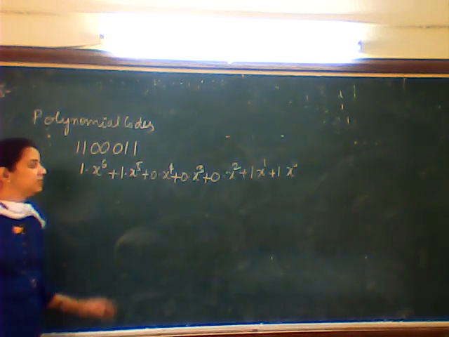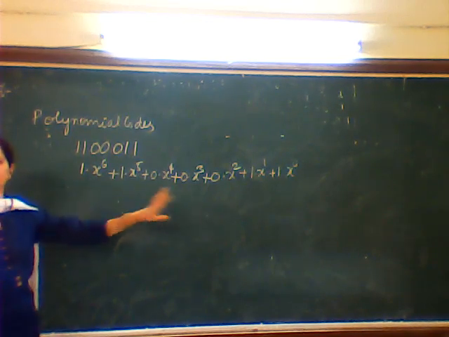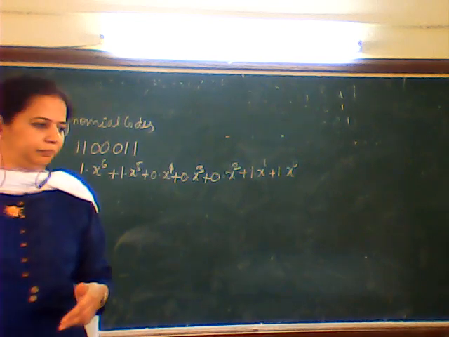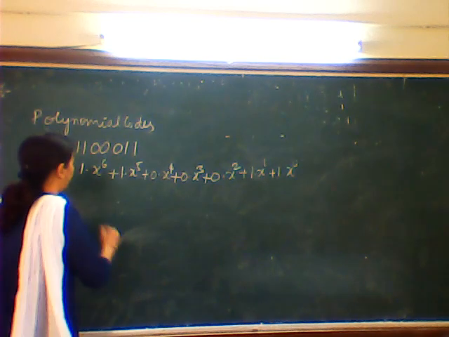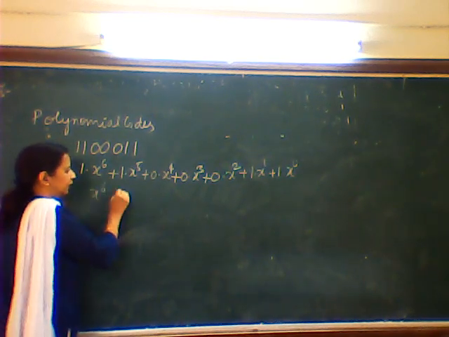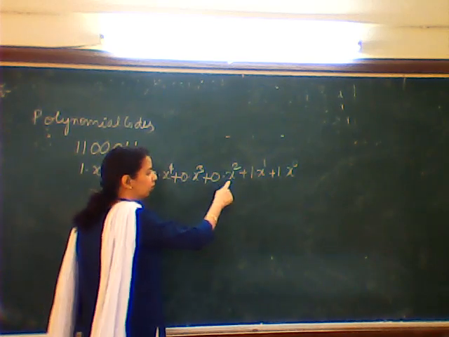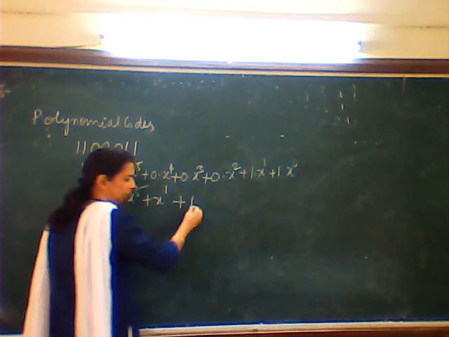All of you can observe the same bit string is now represented as a polynomial with coefficients either 0 or 1. Okay. So now the same thing we will write in the form of a polynomial: x to the power of 6 plus x to the power of 5. This is 0, this is 0, this is 0. Then x to the power of 1 plus 1.